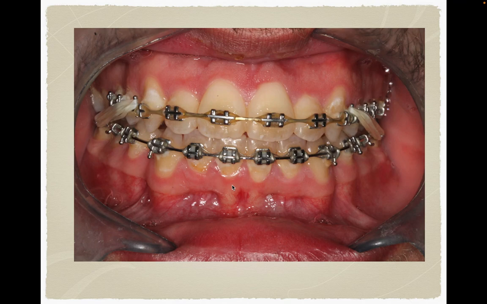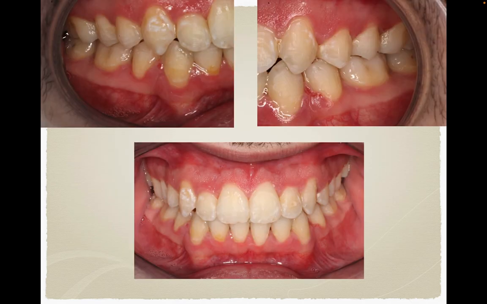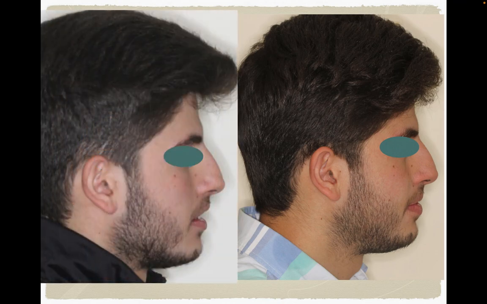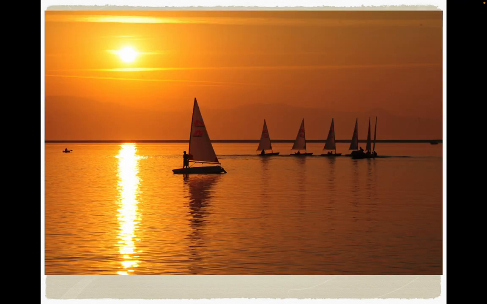He has good plaque control. And this is how he finished. The profile now is at least improved or maintained. You did not retract these upper incisors posteriorly. For the next lecture, we will implement all this information and see how to do treatment planning. Thank you for listening.